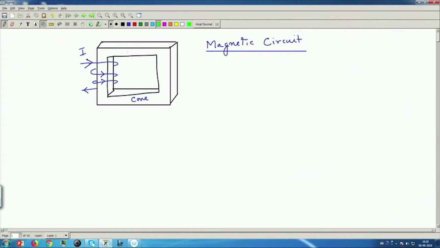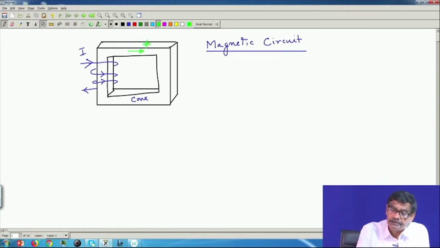In the core, there will be a flux phi produced. The direction of the flux will be, as you know, you wrap your fingers around the coils and the thumb will give you the direction of the flux produced. Of course, if it is a constant DC current, whatever flux is produced inside the core will also have constant values. And how to estimate that flux? You know, we apply Ampere's circuital law to find the flux produced in the core.